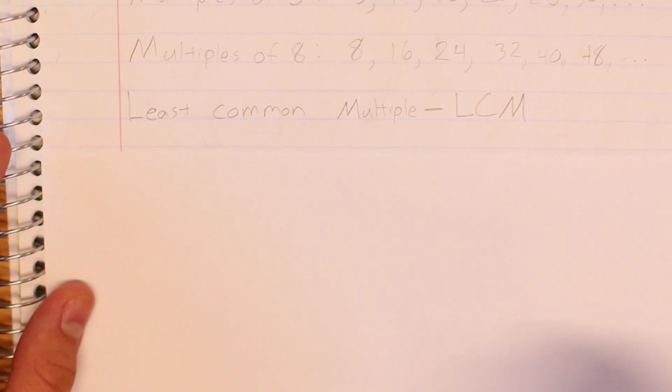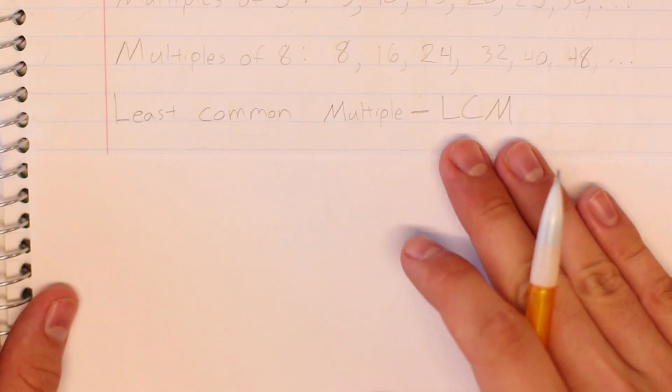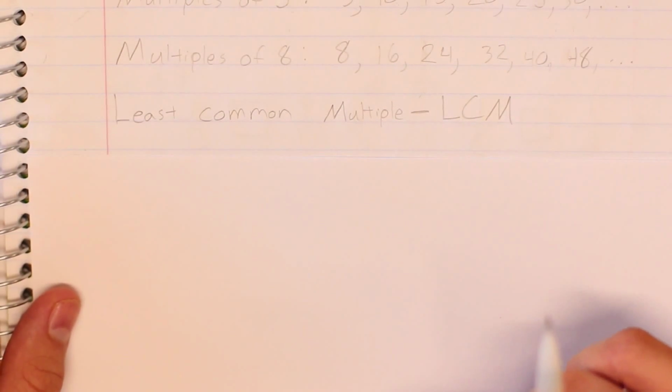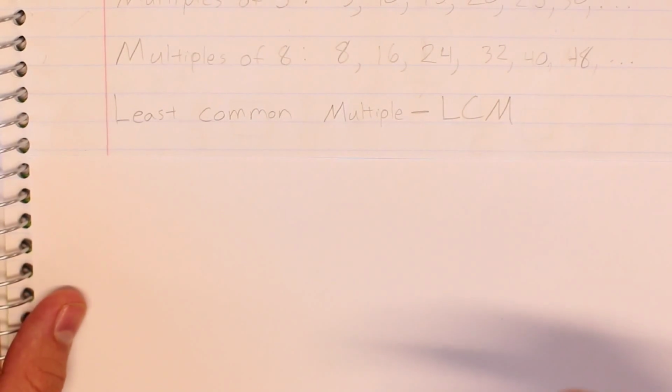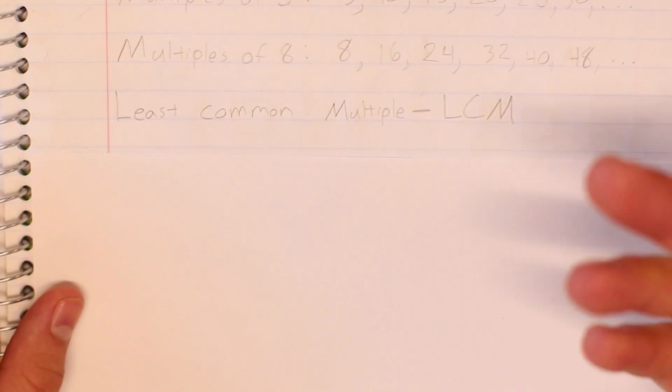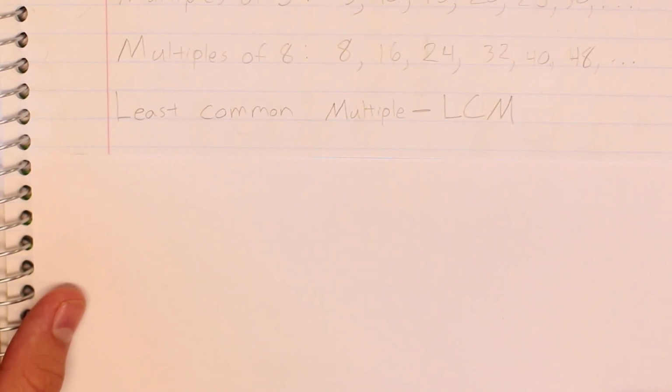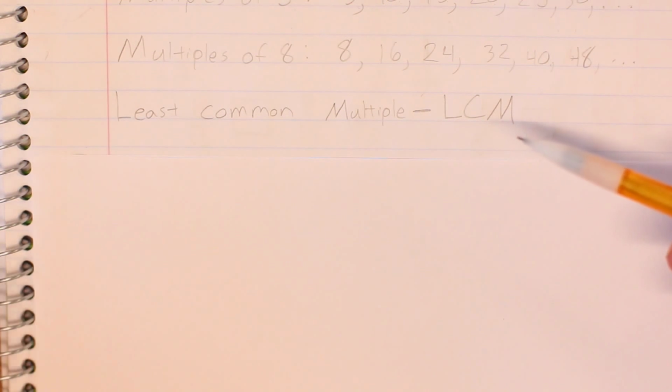Least common multiple, or as we're going to call it from here on out, LCM. This is similar to GCF, but almost like going in reverse. You're going to notice some similarities, but it's going to do the opposite. If you have a really good grasp of what the GCF is, then you should do pretty well here. A great thing to do is to look back on your test and make sure you've got a concrete understanding of GCF from Chapter 4.